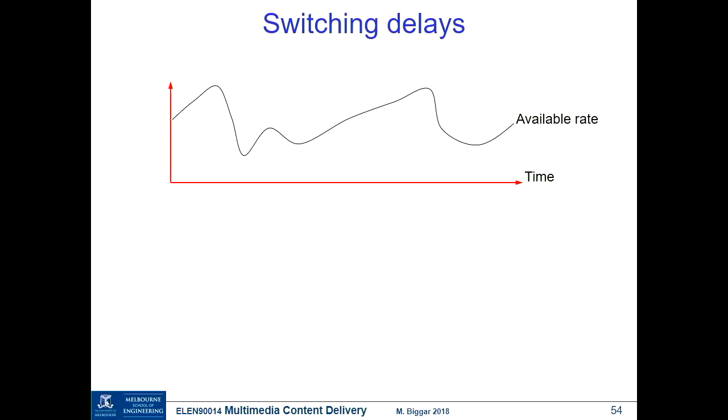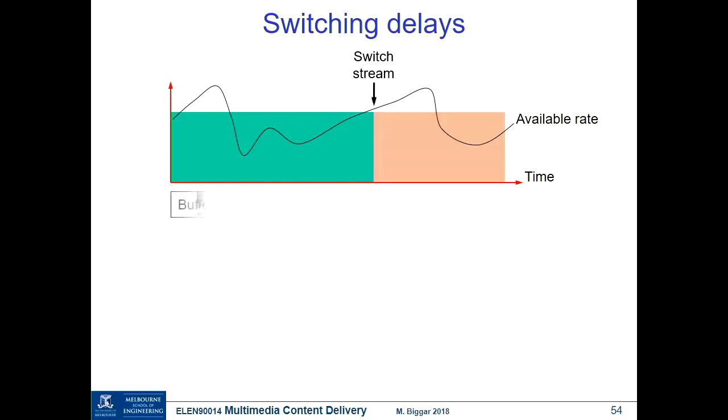And the same process occurs with the switching delays. If we had the conventional coding, then we are sending at this constant rate until we decide to switch to another video. So when we switch stream, we would start downloading the new video at the new rate, but at that time we have to preload buffers again before we can start playing out.